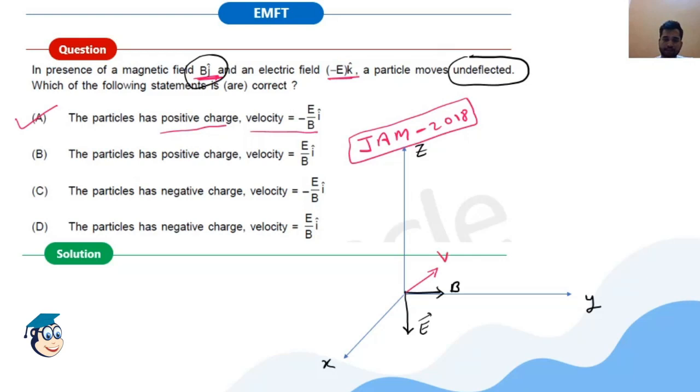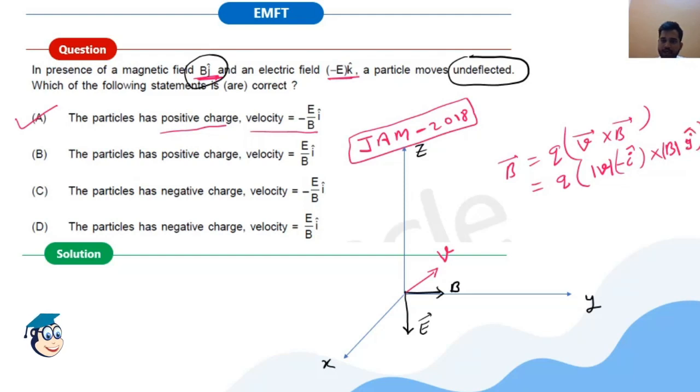So if the velocity is in this direction, the magnetic force on that particle would be calculated using the right hand thumb rule, and the magnetic force is nothing but charge times V cross B. You can see that charge is positive as given in option A, and V is some magnitude V, which is also given in the option, times the direction of V, which is minus i cap, cross B, which is magnitude mod B times direction y cap, which is nothing but j cap.